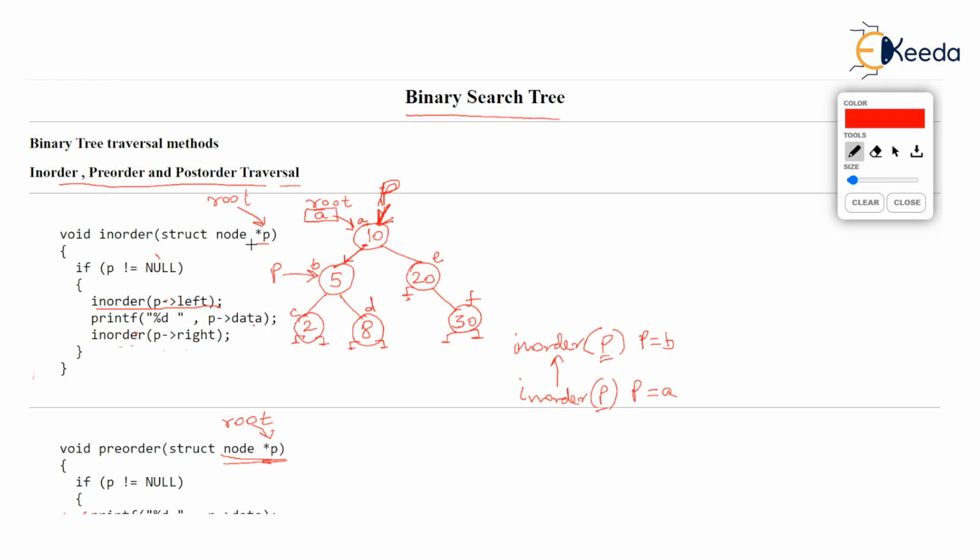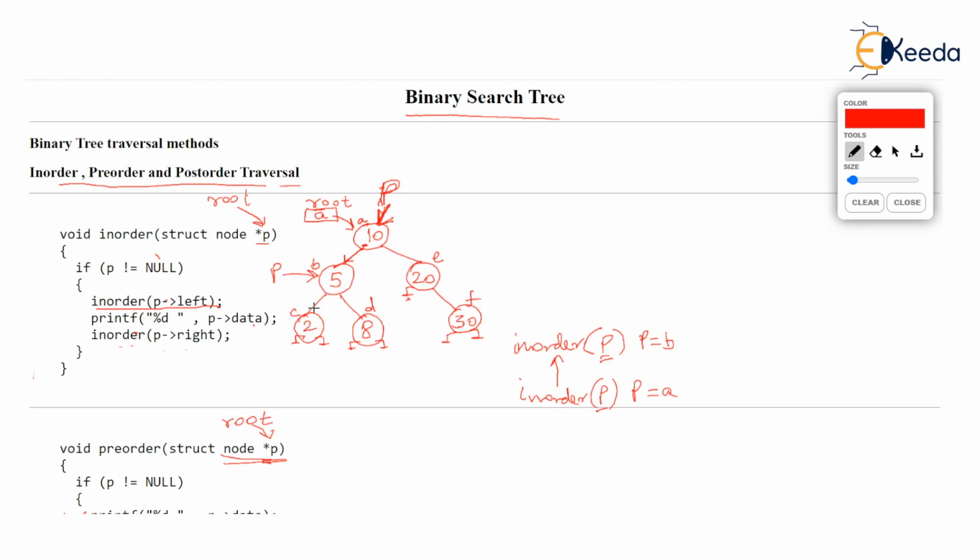Okay, let's start with in-order P with P at B. If you start the function, P is not null again, because P is pointing to B, that is 5. So come inside the if and call in-order recursively. Now what are we throwing to in-order? P arrow left. Now observe, we are talking about P at B, P arrow left.